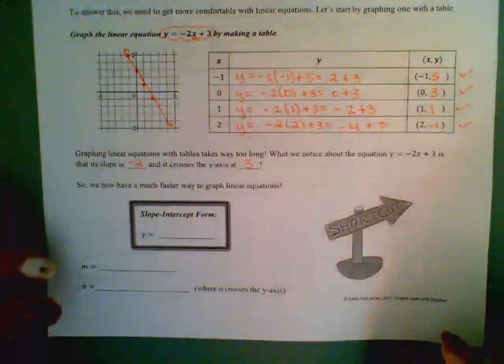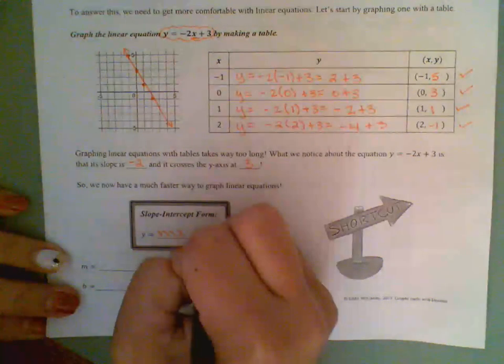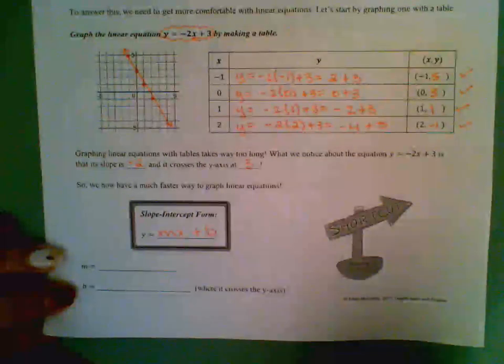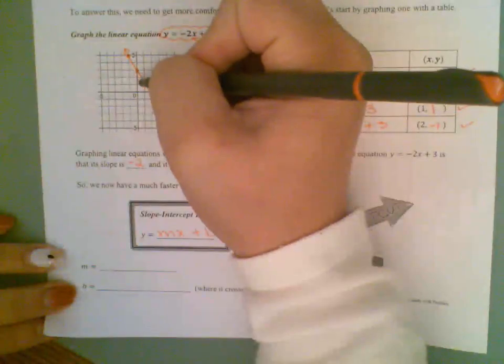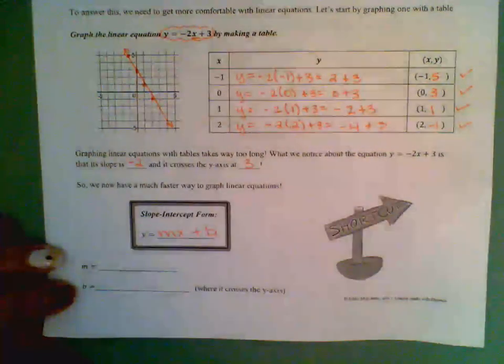So this is in slope-intercept form, which is y equals mx plus b. So every time we're on this line, it went down 2 and right 1. That's why it was a -2.